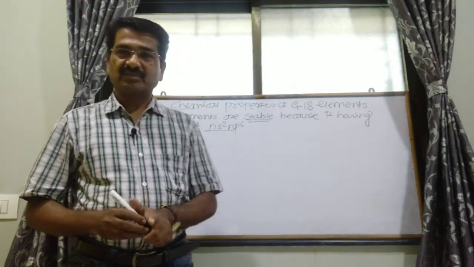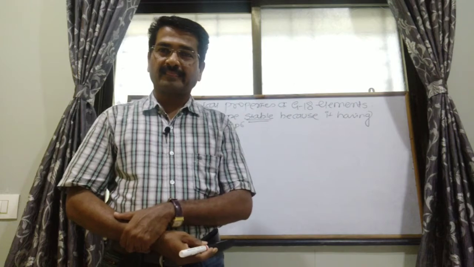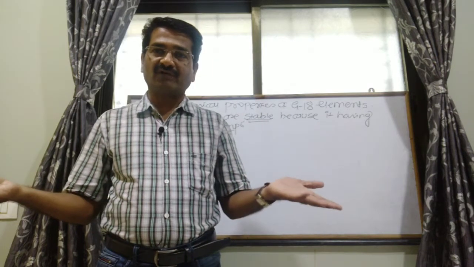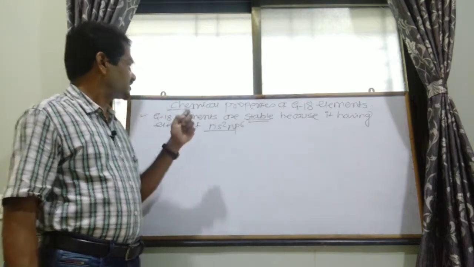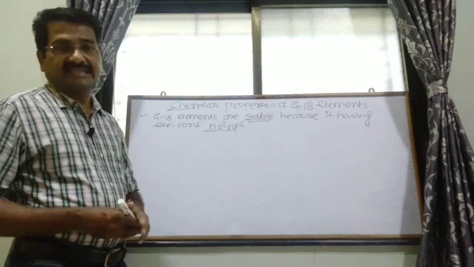All Group 18 elements get stability due to completion of their octets, so they are completely stable.